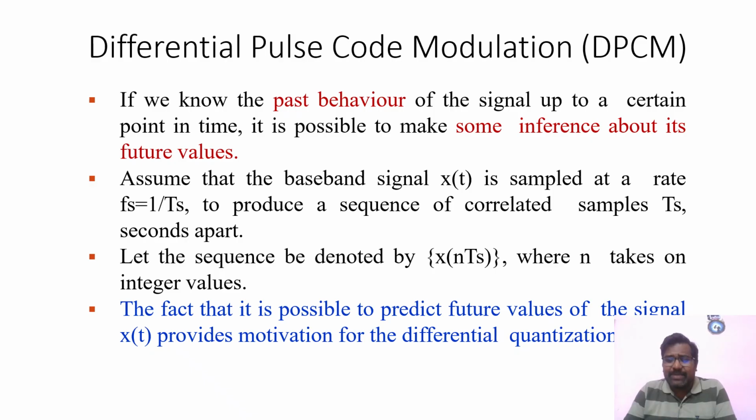So the baseband signal x of t is sampled at the rate Fs equal to 1 by Ts to produce the sequence of correlated samples at Ts seconds. Let the sampled sequence be denoted as x of nTs, where x of t is the baseband signal and x of nTs is the sampled signal.